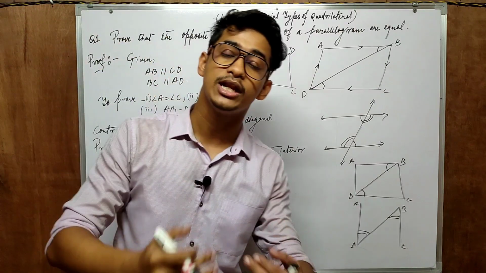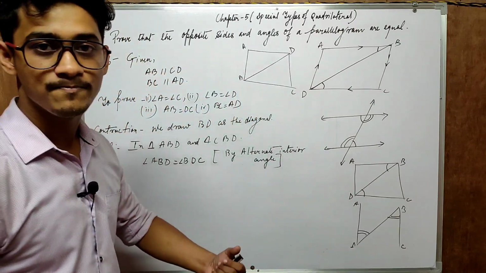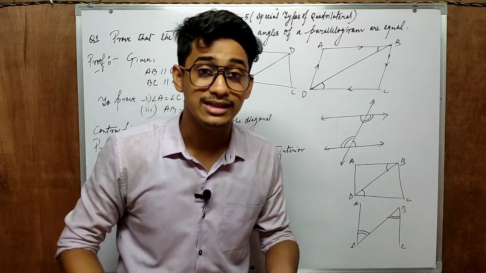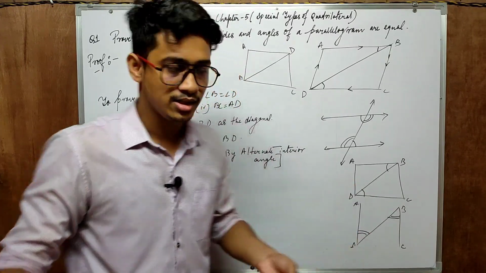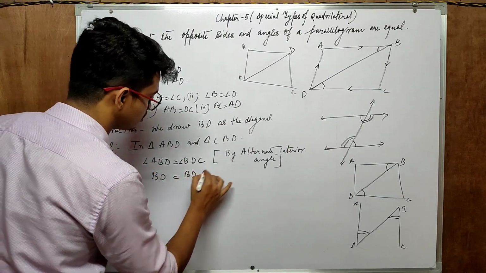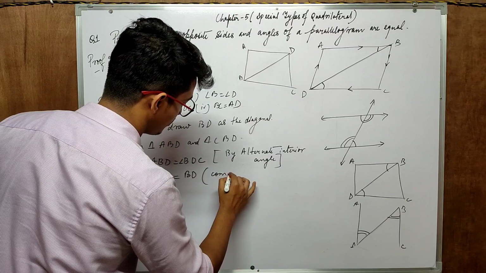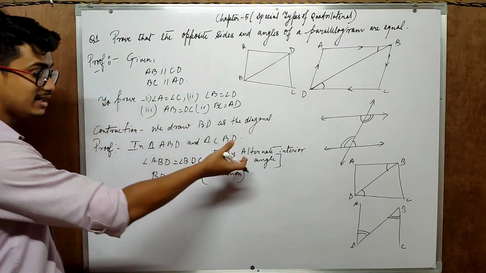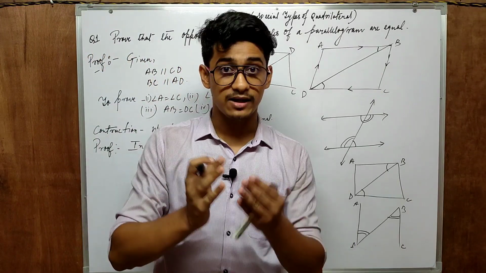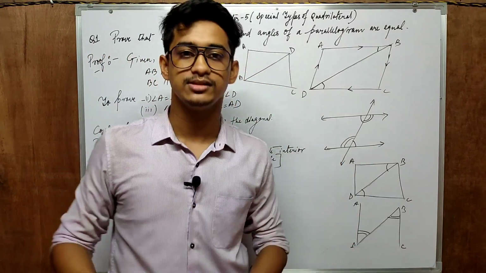So that means BD is common in both the triangles. So if BD is common for both the triangles, the measurement will be the same, right? So BD is equal to BD. And what is that? That is common. Make sure you write the reasoning. Yes, it is very much important. Why is this equal? We have to mention all such things.